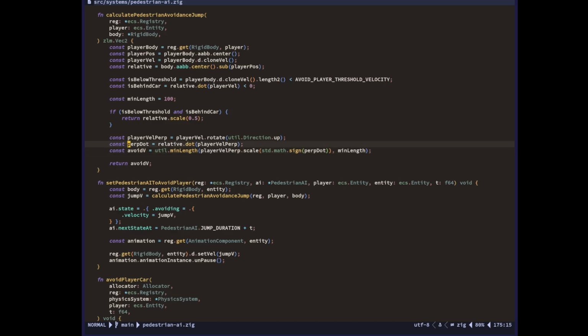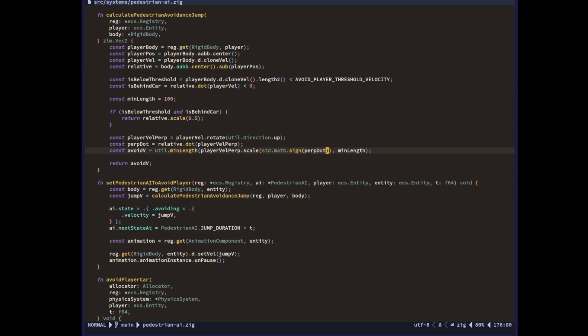there we basically have our direction right here, and then we just need to calculate some sort of vector from that. So what we do is we take the perpendicular and we scale it by the sign of the dot product.